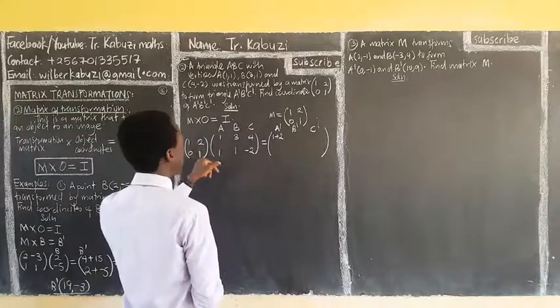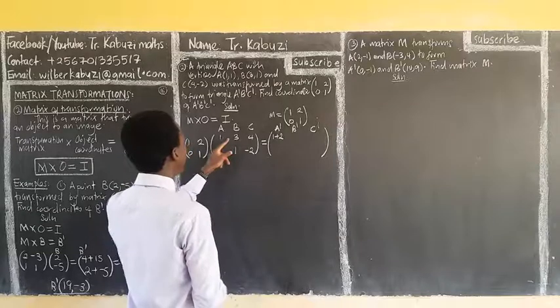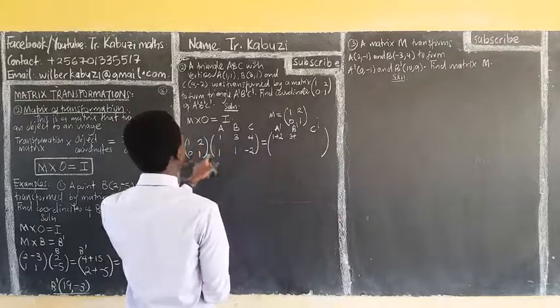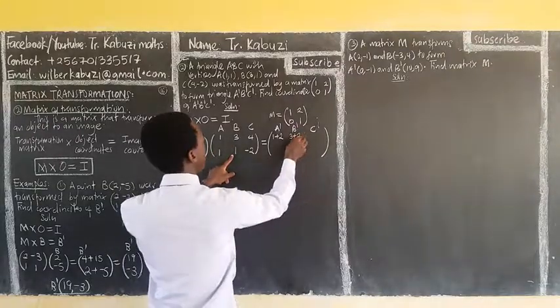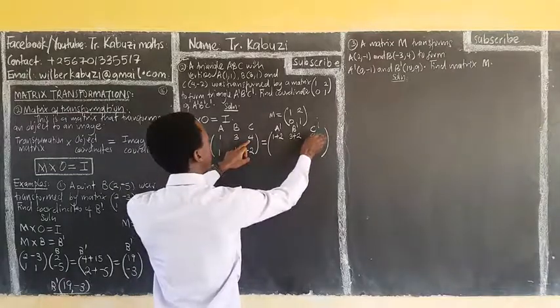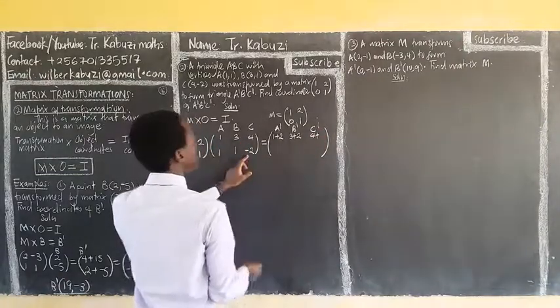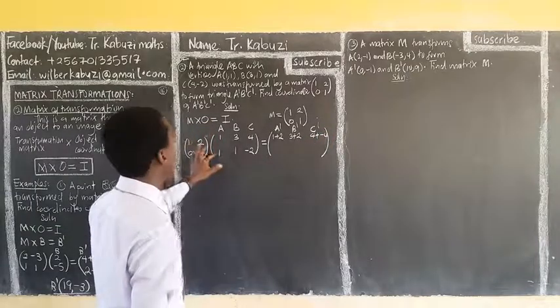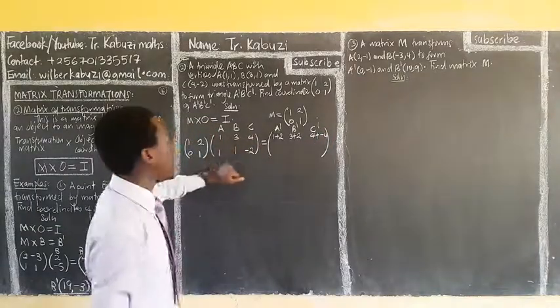So now we are done with this, so we go down to the next. So 1 times this, we get 3. Then plus 2 times 1, we get 2. Then 1 times 4, we get 4. Then plus 2 times negative 2, we get negative 4. So now this row has multiplied every column.